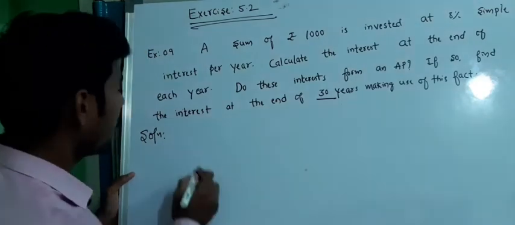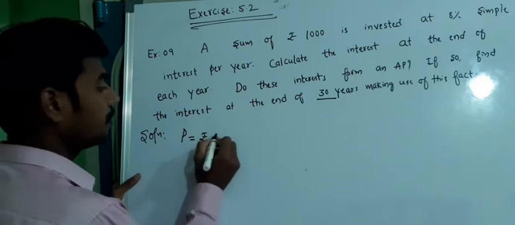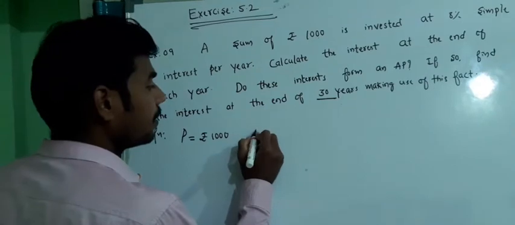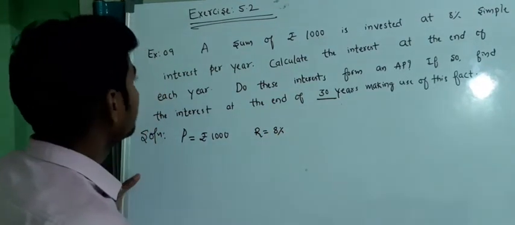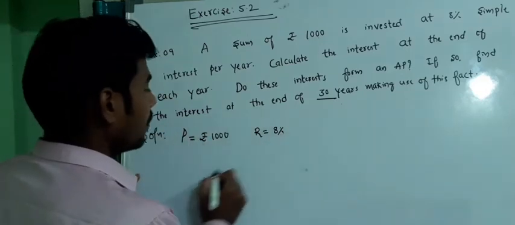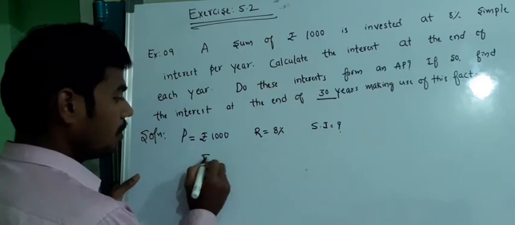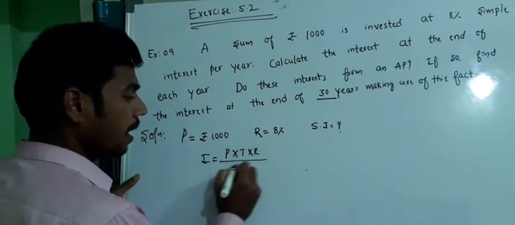Okay, so what is the principal amount? That is rupees 1000. And what is R here? R is 8%, and so we need to calculate simple interest. I is equal to P into T into R divided by 100.